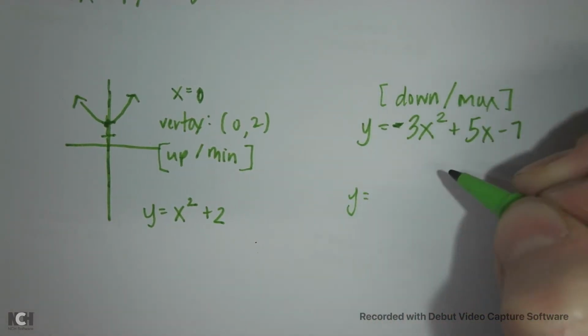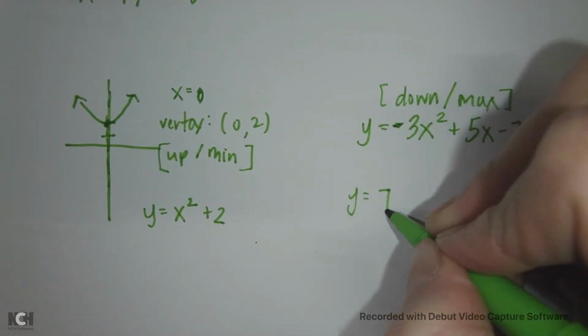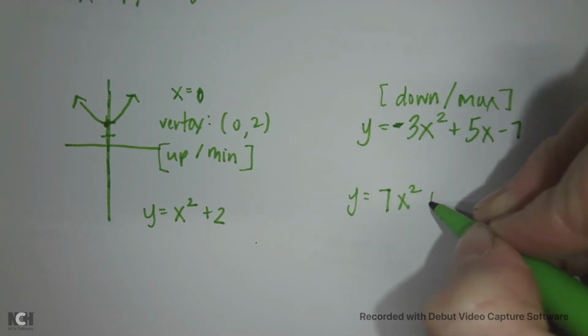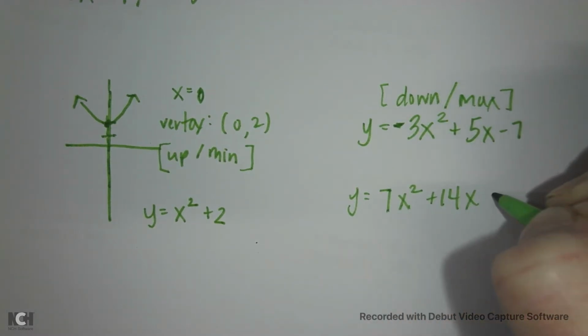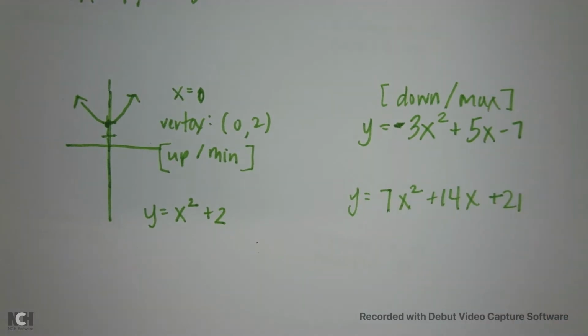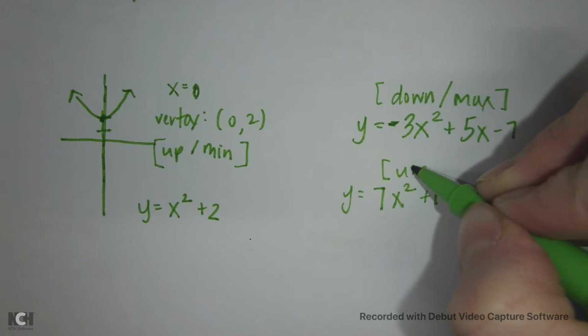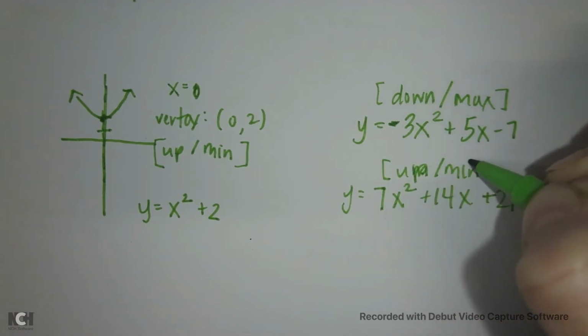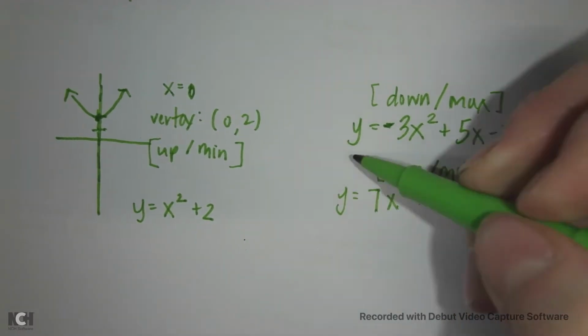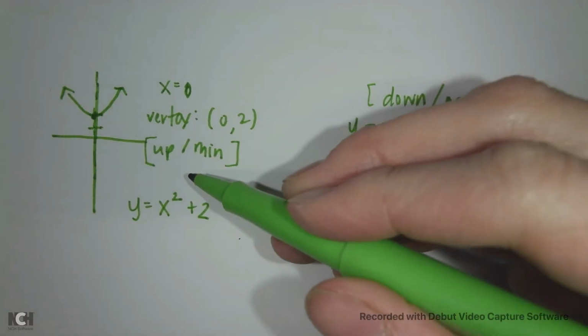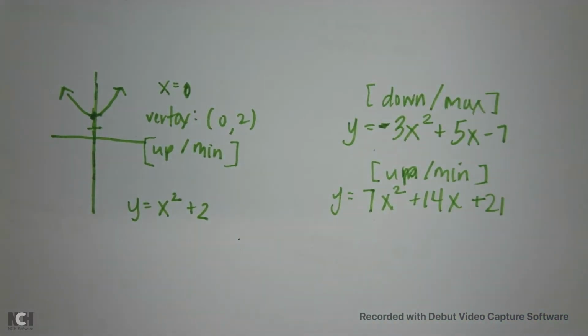Let's say it was y equals 7x squared plus 14x plus 21. Because my 7 is positive, this is an up, and a minimum. Okay, so it depends on what your a value is to make your graph open up or down. So all you need is the equation for that. You don't actually have to draw it out. Okay? All right, so let's go back.